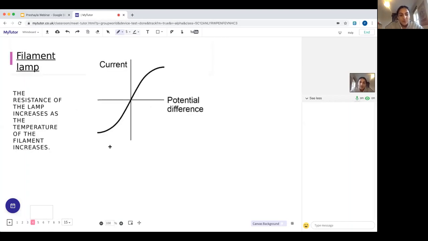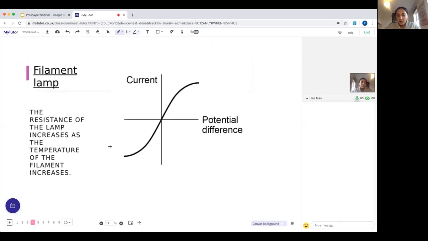Then we went on to talk about things that don't quite follow Ohm's law. The first example we looked at was the filament lamp, a special kind of component that we find in electric circuits.